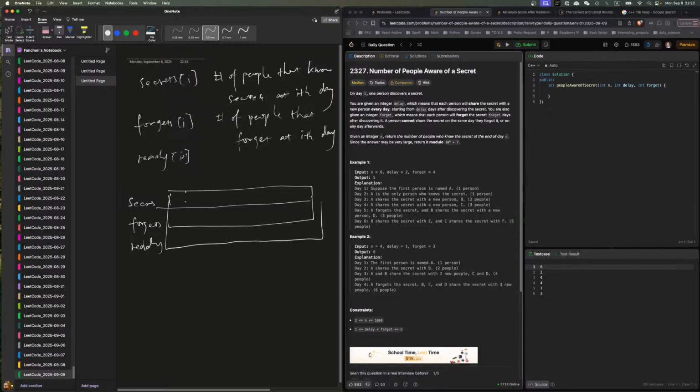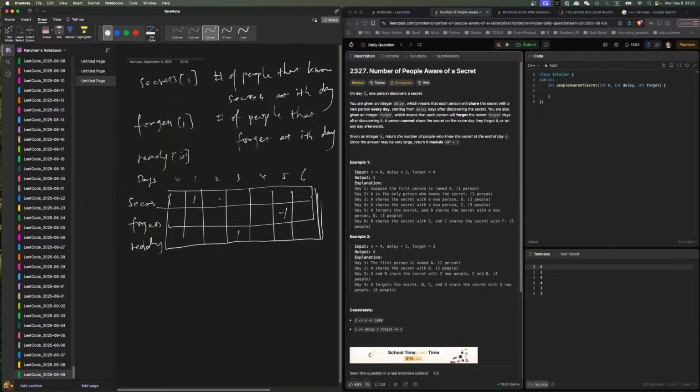Okay, 0, 1, 2, 3, 4, 5, 6. These are the days. So on day number 1, we have one person have secret, and then plus 2 days, so he will be ready. So ready will be here, plus 4 days, plus 4, 5. So this will be like -1, right? He needs to forget.